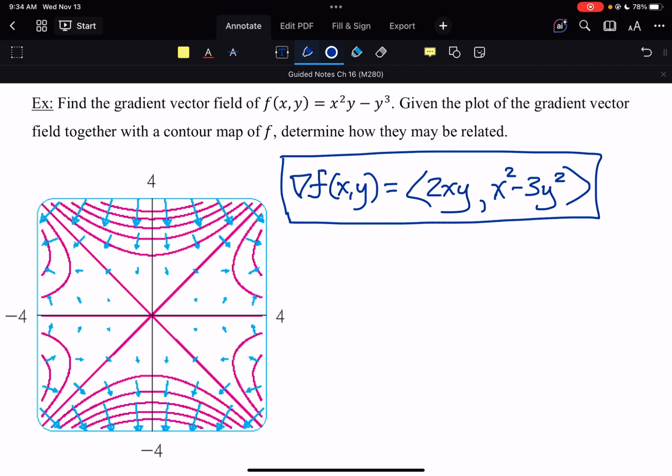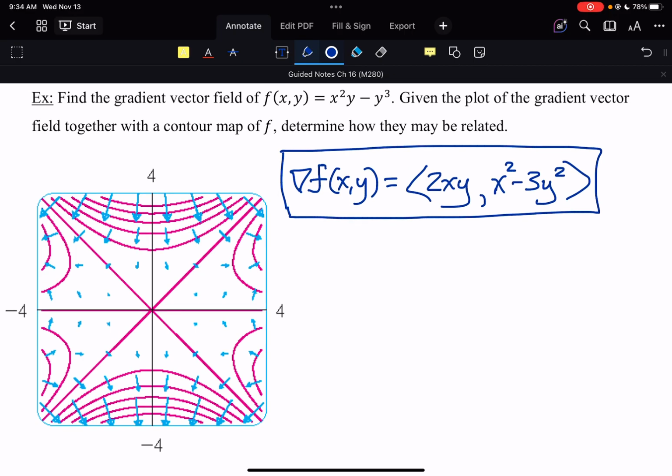There's a few things that I want to talk about when it comes to the relationship between the gradient vector field and the level curves. There's two main points to make here. The first is the physical relationship between the curves and the vectors, specifically the angle between them.